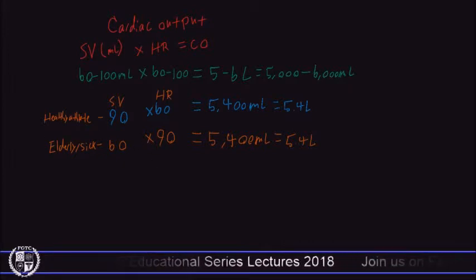Now, if you have somebody who is really sick, their stroke volume may not be very high. This is whenever you're getting into those septic patients, so their heart may be very weak. Whenever you get to them, their stroke volume may be about 40, and that's okay, because their heart rate is going to try to compensate for it.